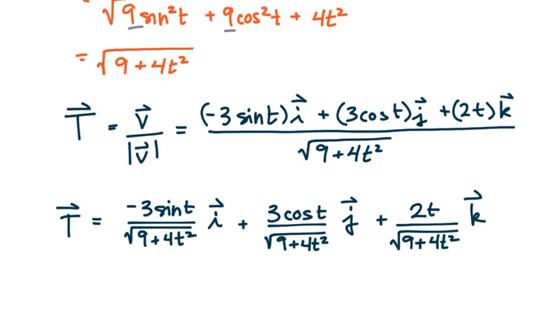Okay. And that represents our unit tangent vector. So this vector is 1 unit long, but it is in the same direction as our tangent vector.